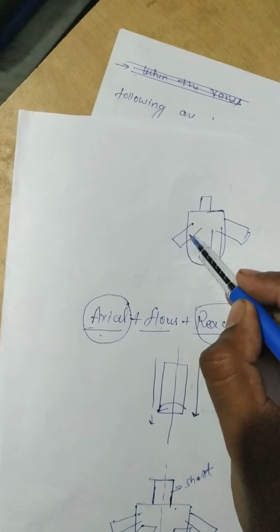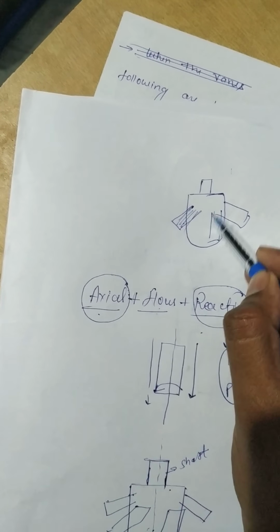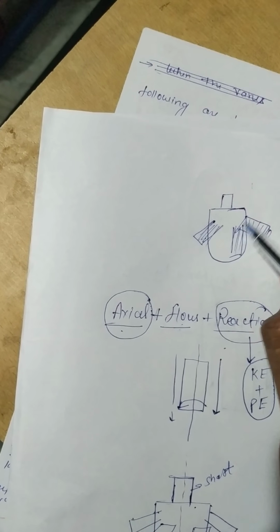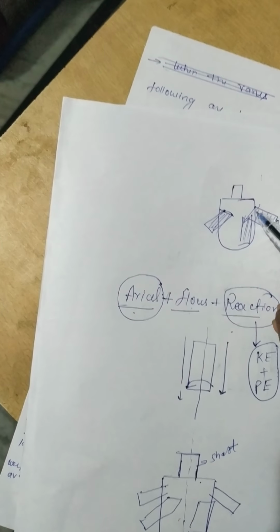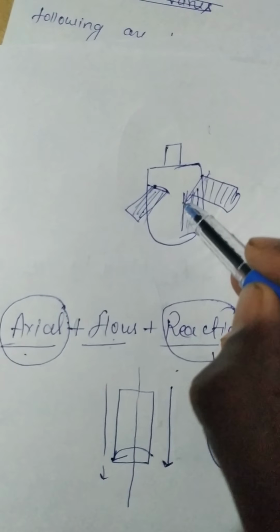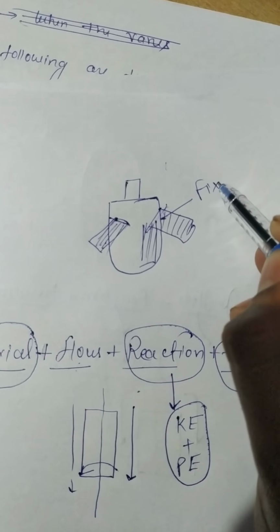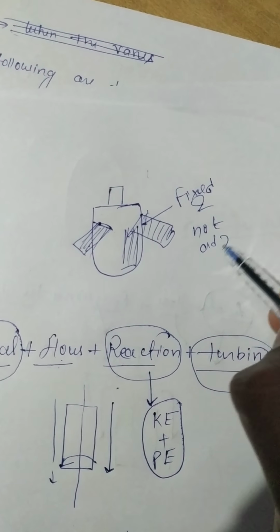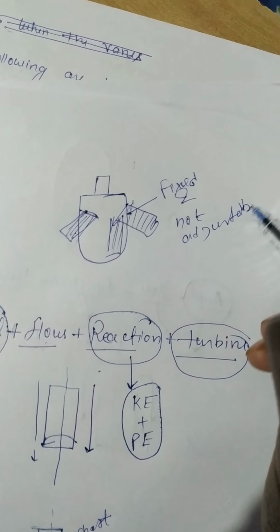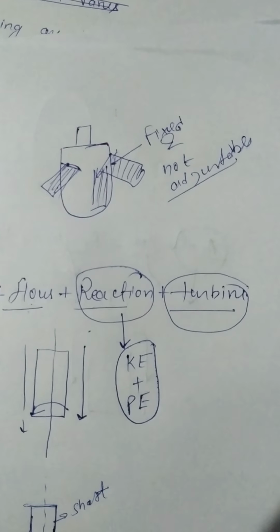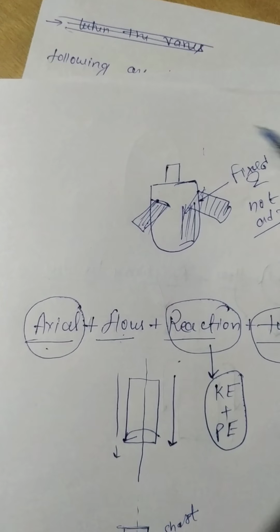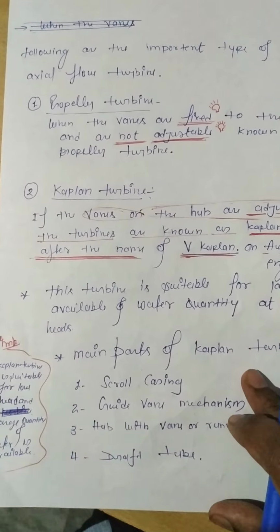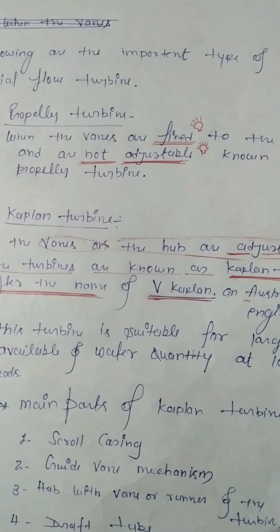If the blades are fixed and not adjustable, so I'm very clear on the fact that the blades are fixed and not adjustable, then it is known as a propeller turbine, right?